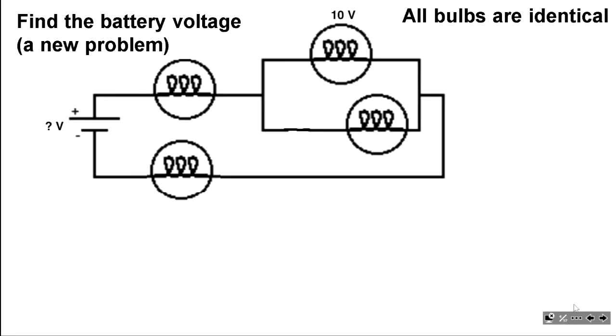But again, we know that let's call them 1, 2, that was 3, so that now becomes 4. That bulbs 2 and 4 share the same voltage, 10 volts. 10 volts here, 10 volts there. Does it mean this voltage is also 10?